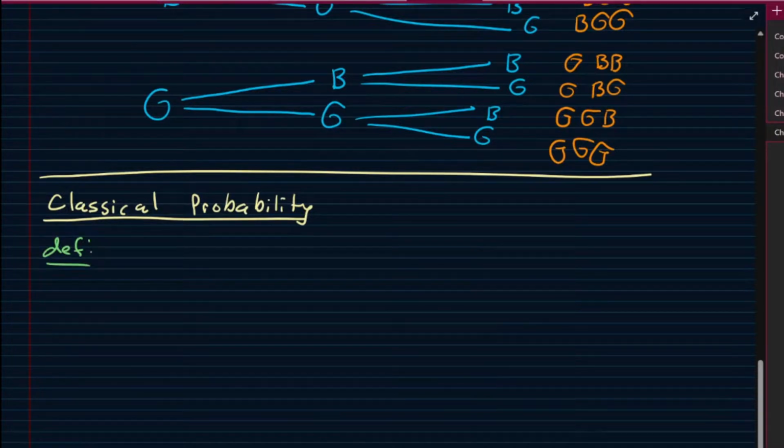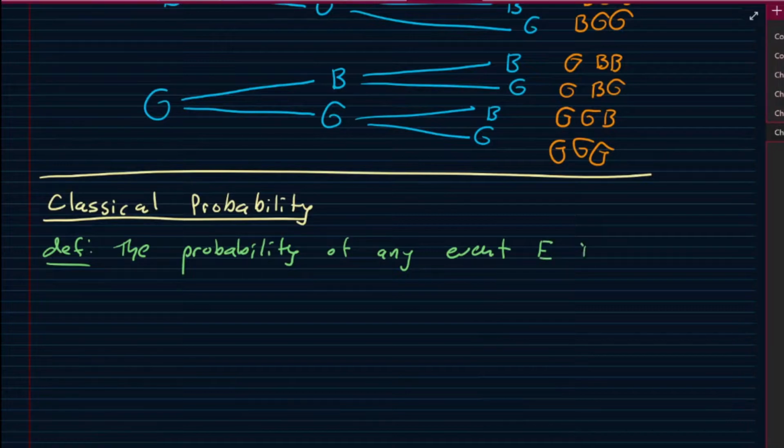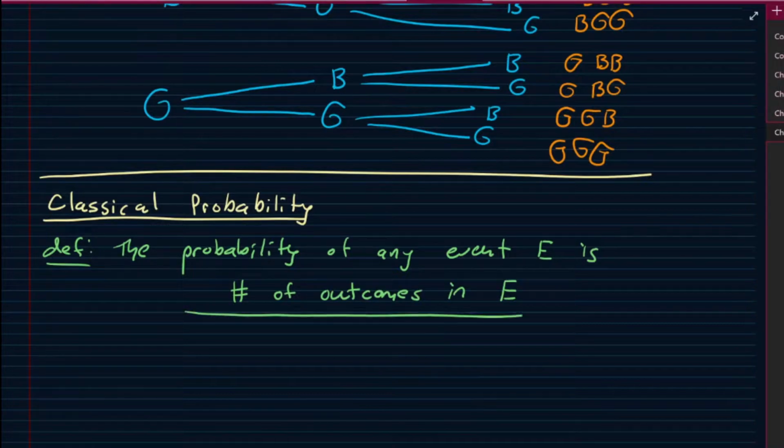The probability of any event E is the number of outcomes that the event occurs in over the total number of outcomes in the whole sample space.